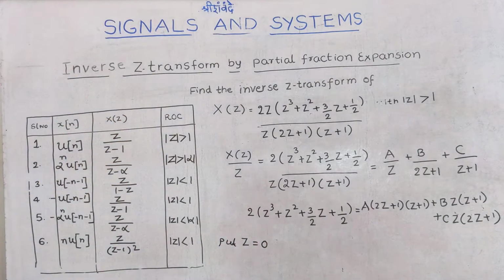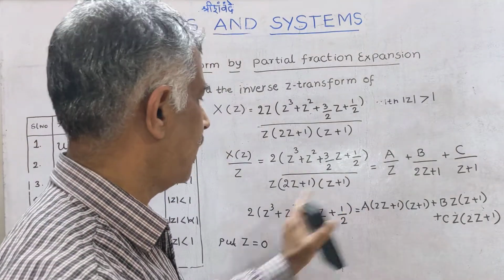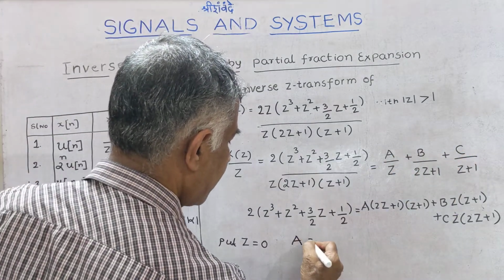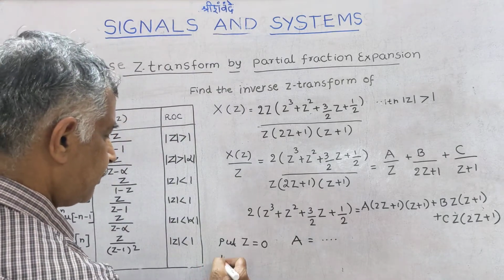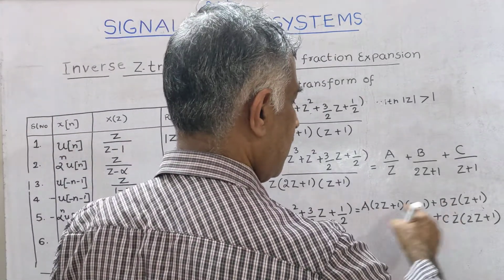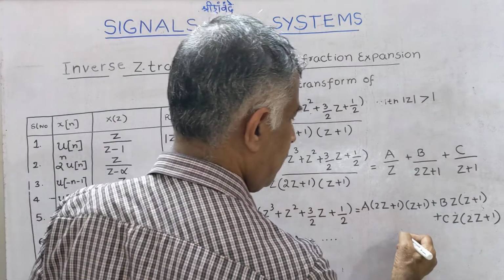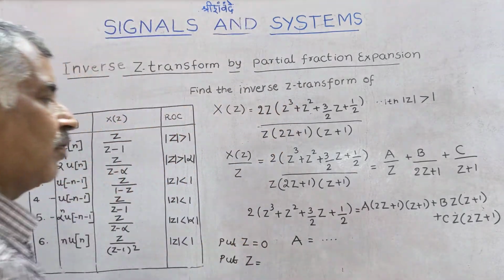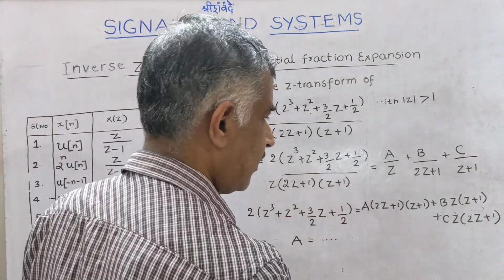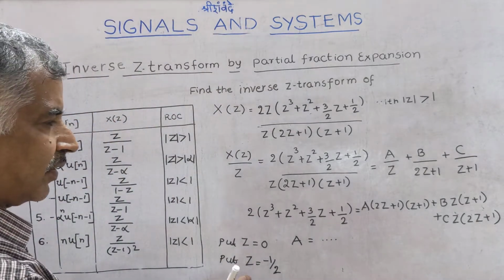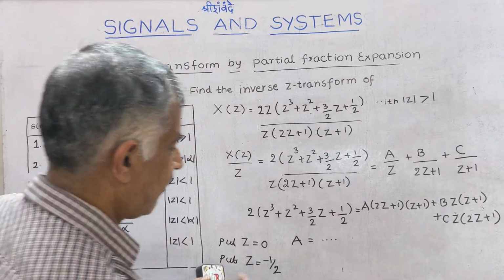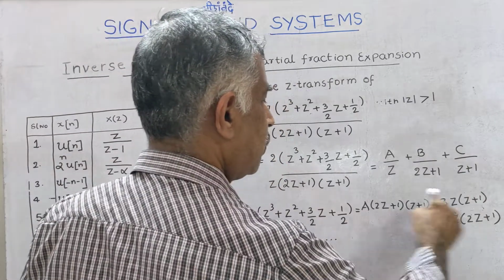If you put z equal to 0 on both sides, you will get the value of A. Next, to evaluate C, the other two terms are to be made 0.